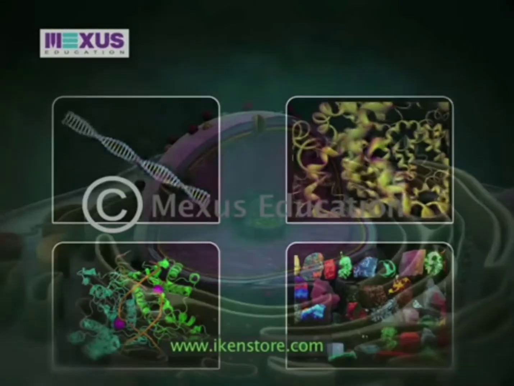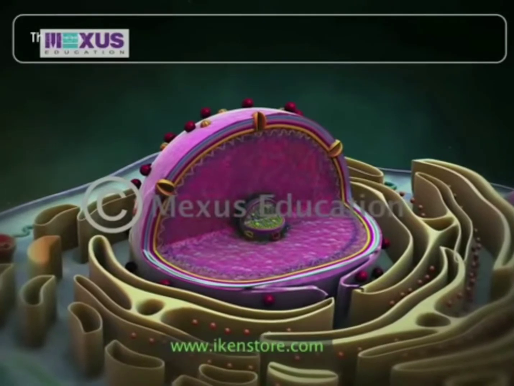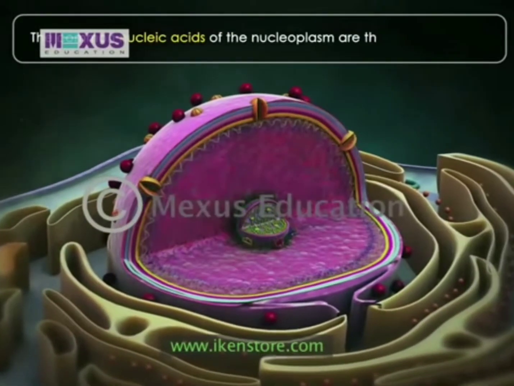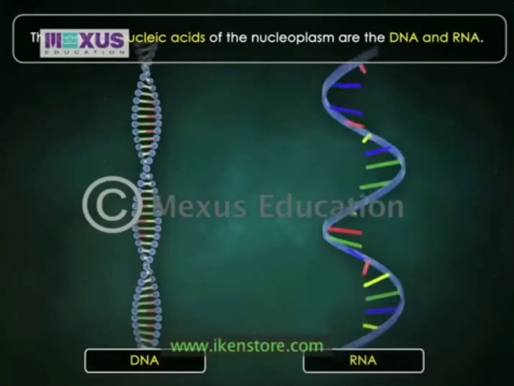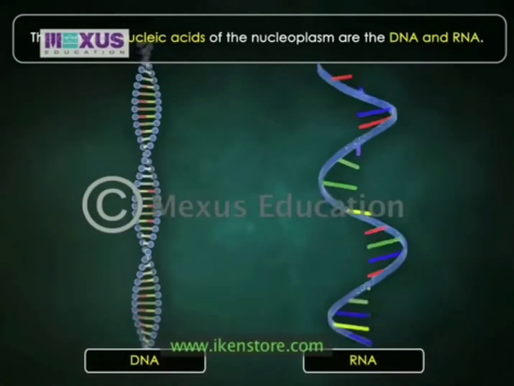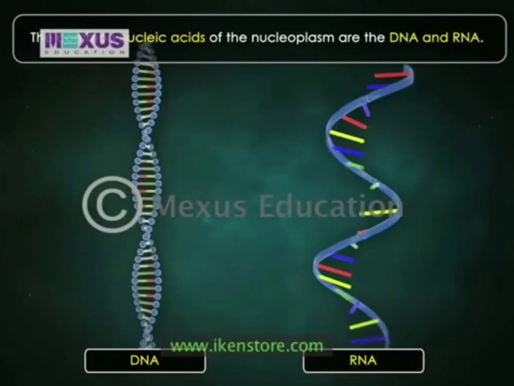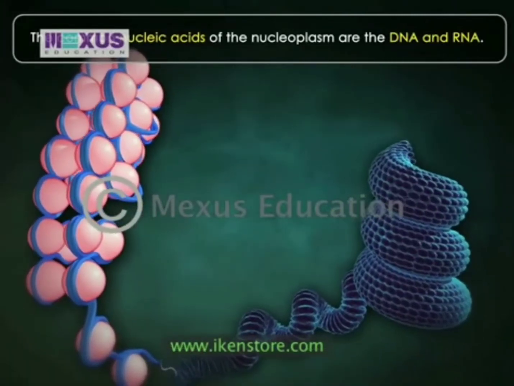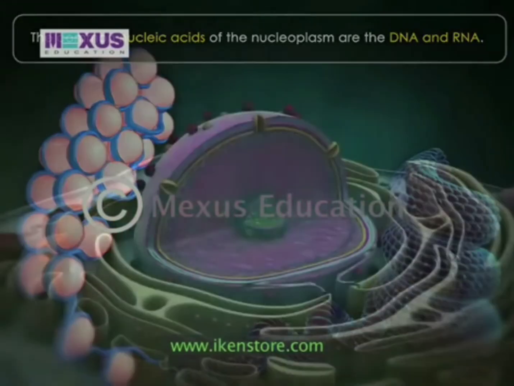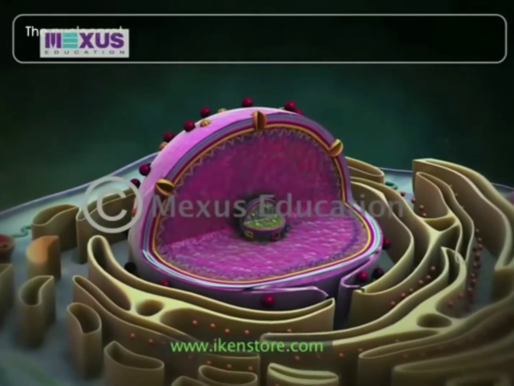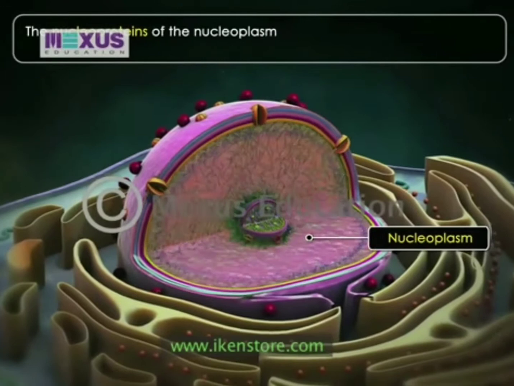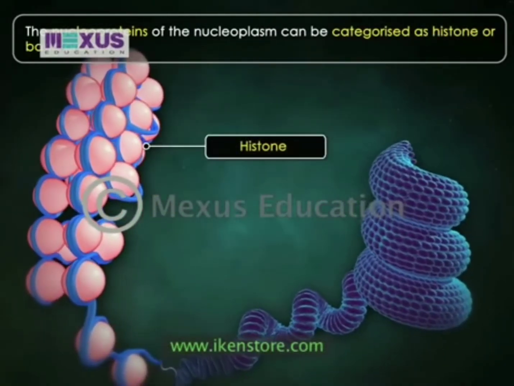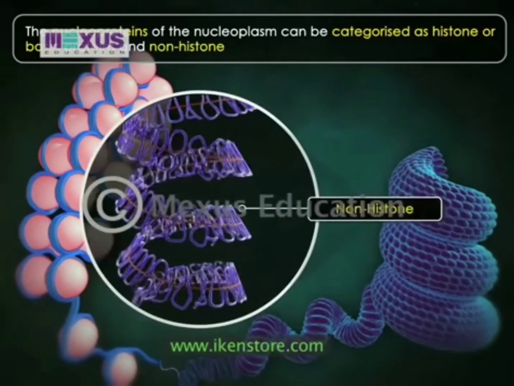The common nucleic acids of the nucleoplasm are DNA and RNA. Both may occur in the macromolecular state or in the form of monomer nucleotides. The nucleoproteins of the nucleoplasm can be categorized as histone or basic proteins and non-histone or acidic proteins.